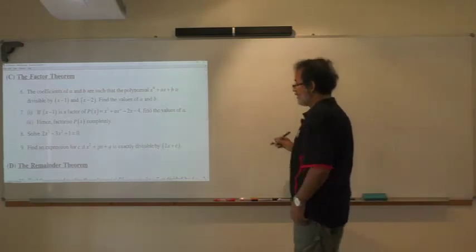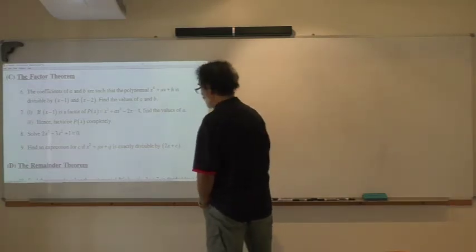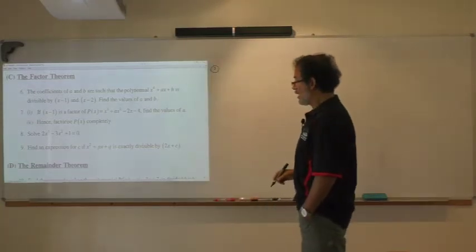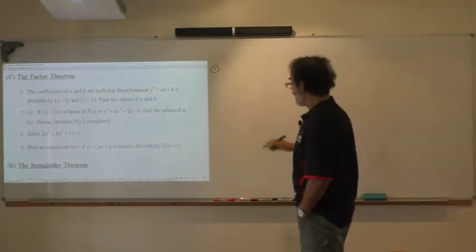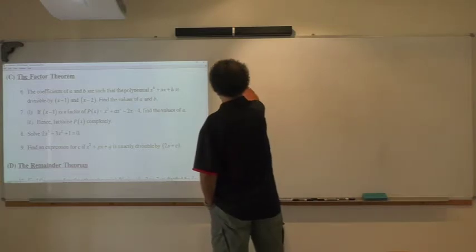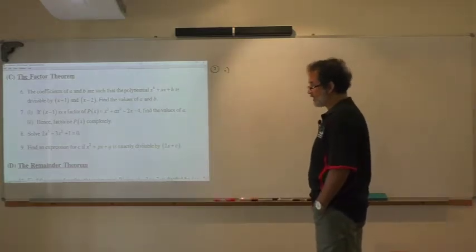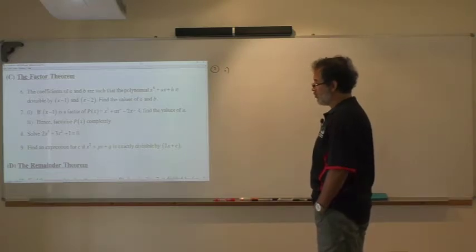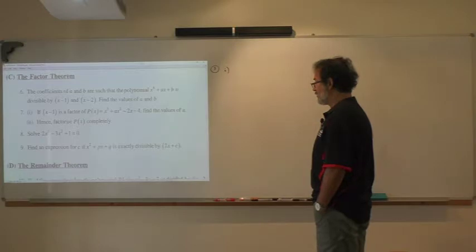Okay, question 7 has 2 parts. Let's do the first part. They say if x minus 1 is a factor of the polynomial p of x equals x cubed plus ax squared minus 2x minus 4, you're going to find the value of a.